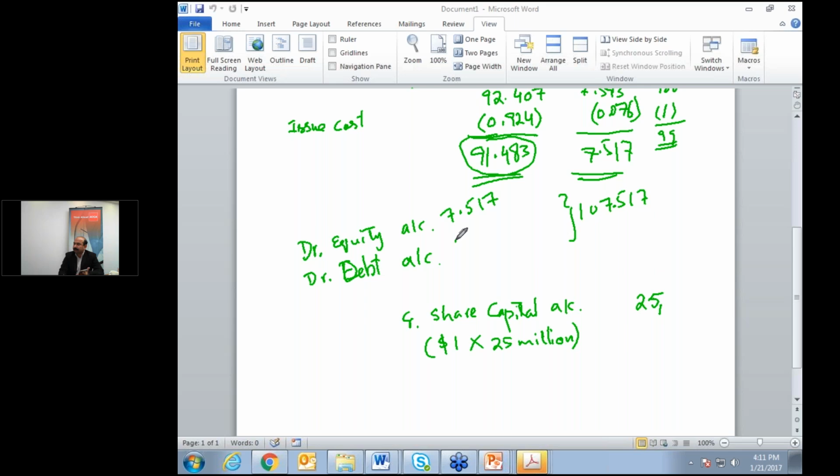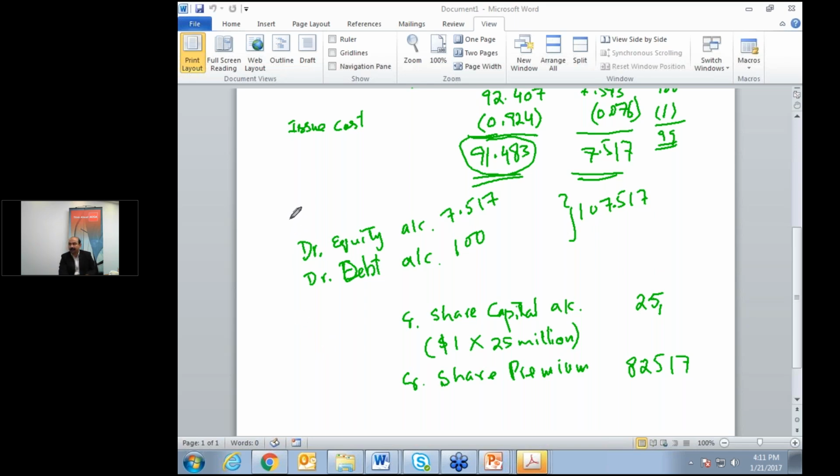And then debt, because in the debt account at the end of the third year you will see that the carrying amount of the debt is 100. So these two accounts will be debited with the respective amounts, and the balancing figure will go to the share premium account, which is 82,517. Shayan, I hope it is clear.